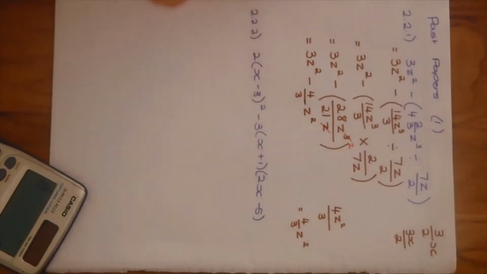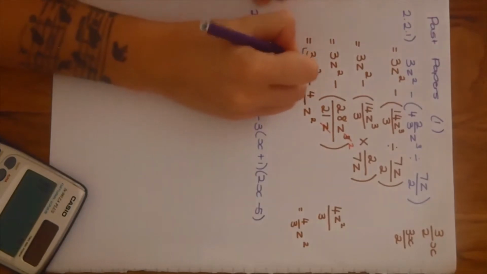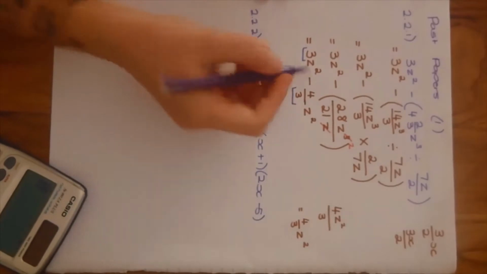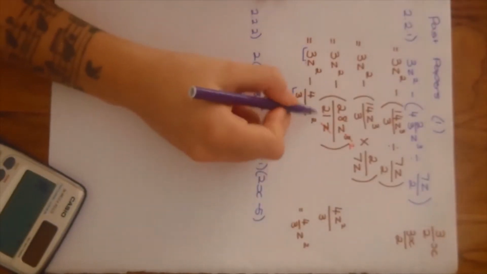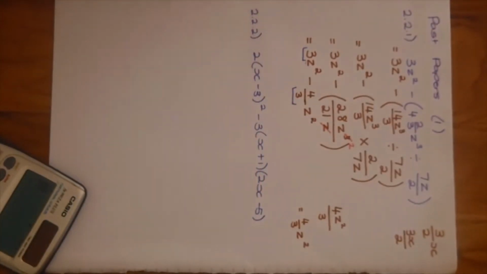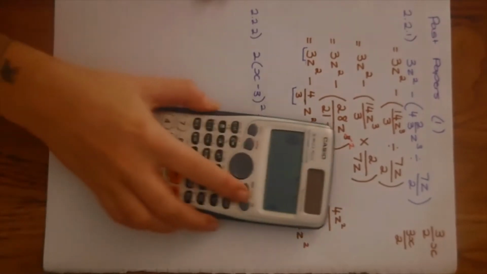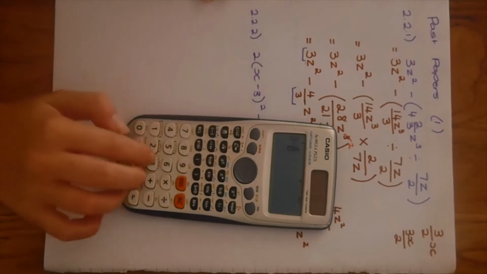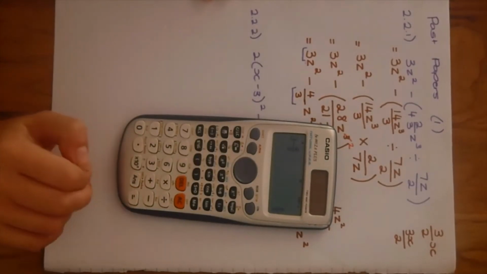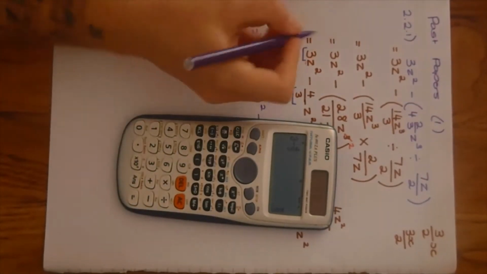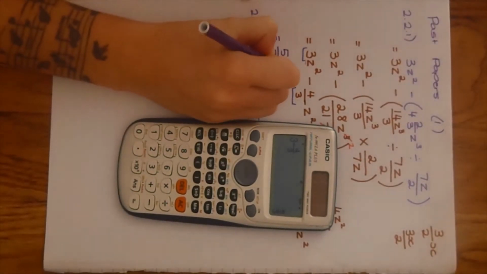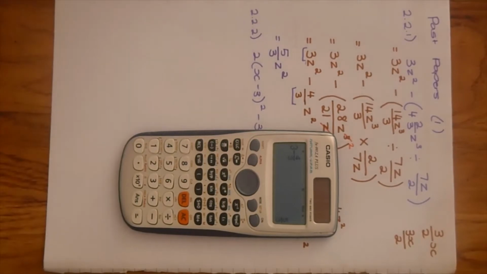Just so that you can see now, I have 3 z2s minus 4 over 3 z2s. This z to the 2 is like terms, so you can subtract them. You can check on your calculator: what is 3 minus 4 over 3? It's going to be 5 over 3. So my final answer is 5 over 3 z to the 2.